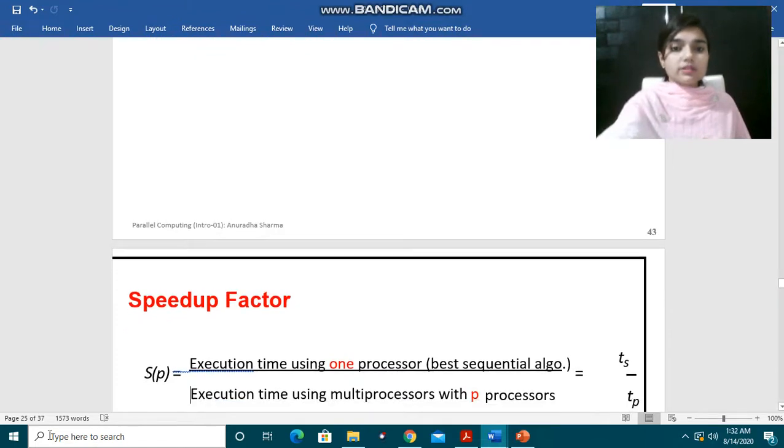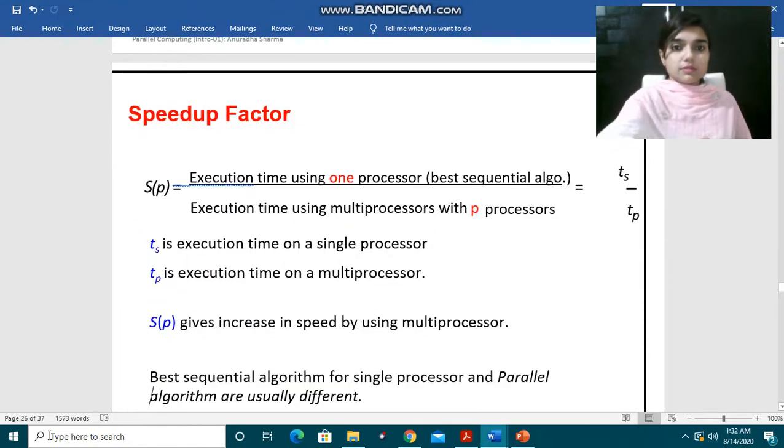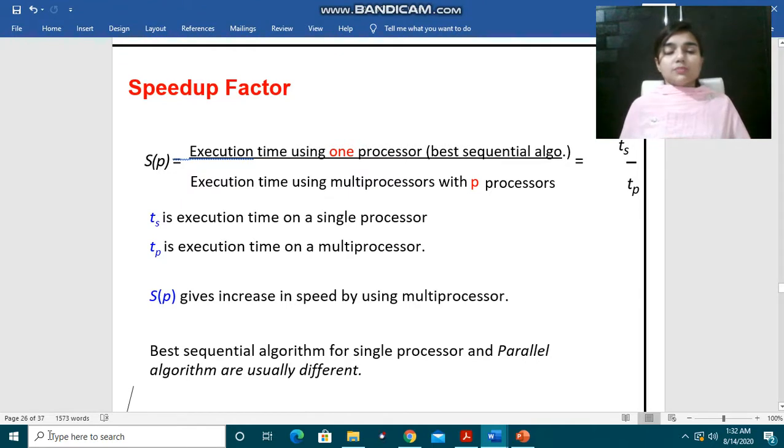Now we will learn about what speed up is.